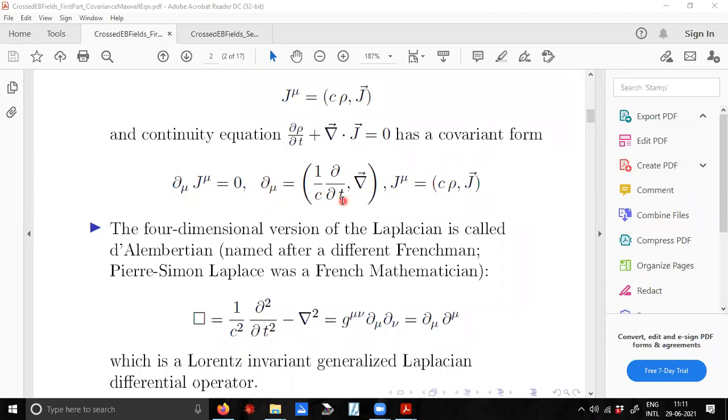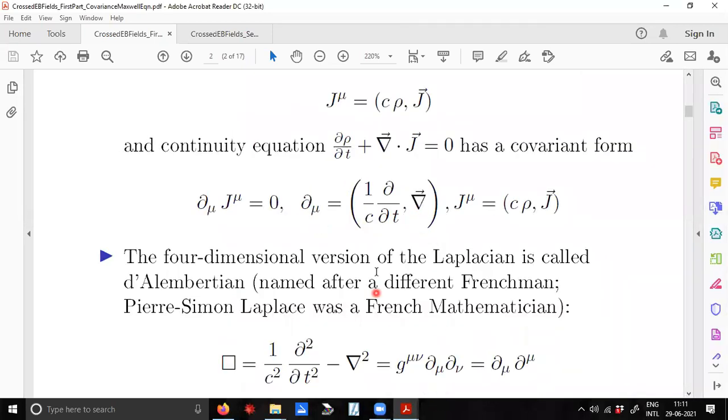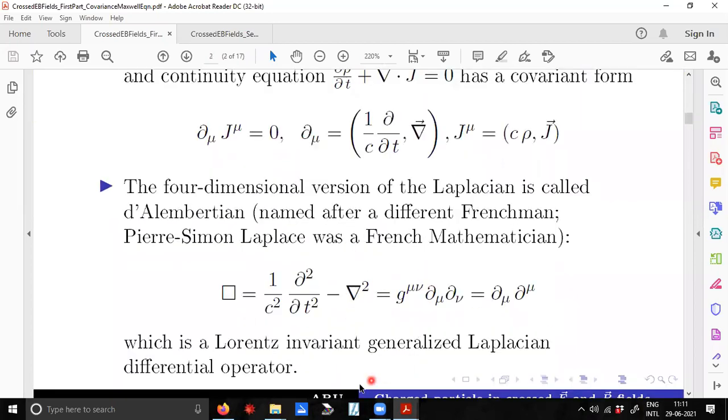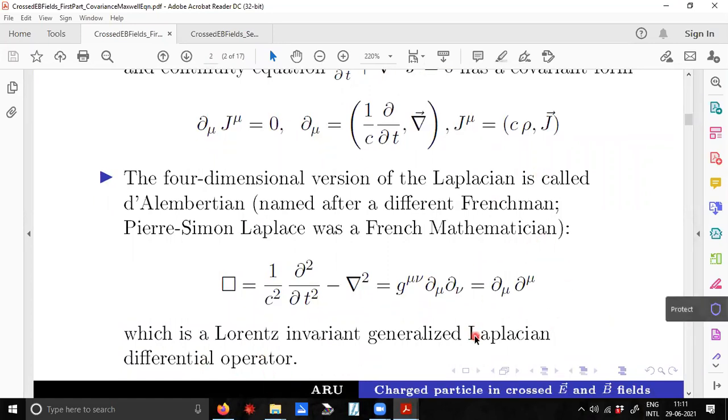I am not able to show it to you; some other time I will try. Any questions there? I heard some. Okay. So now I write this D'Alembertian operator as ∂_μ ∂^μ. This is also a Lorentz invariant generalized Laplacian differential operator. It has the same form in any frame of reference.